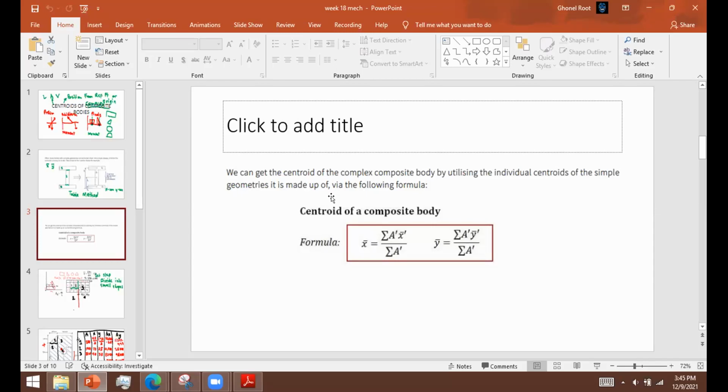Our centroid is expressed by a coordinate, and may ganito siyang notation. So ibig sabihin yan yung centroid natin.